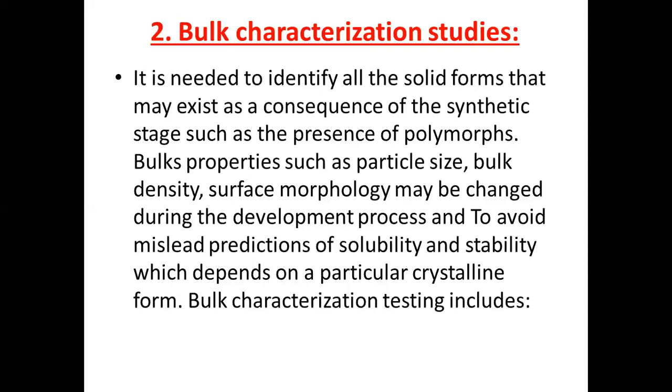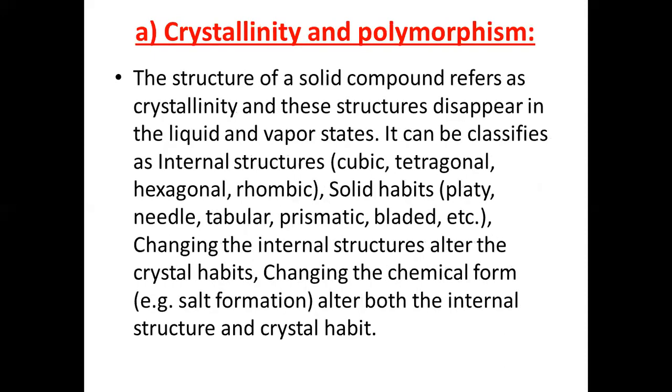It means that a particular crystalline form has more solubility, more stability. And bulk characterization testing overall includes crystallinity and polymorphism, in which crystal form the drug is present. What are the different crystals?